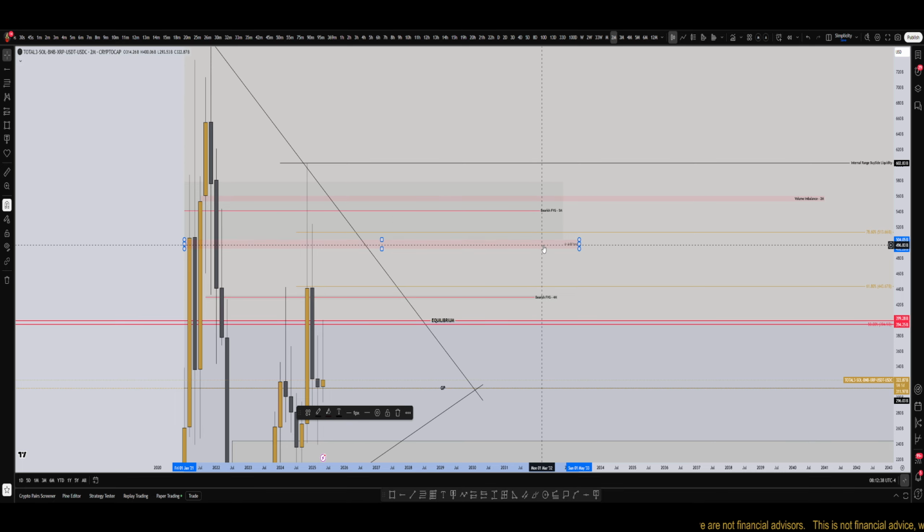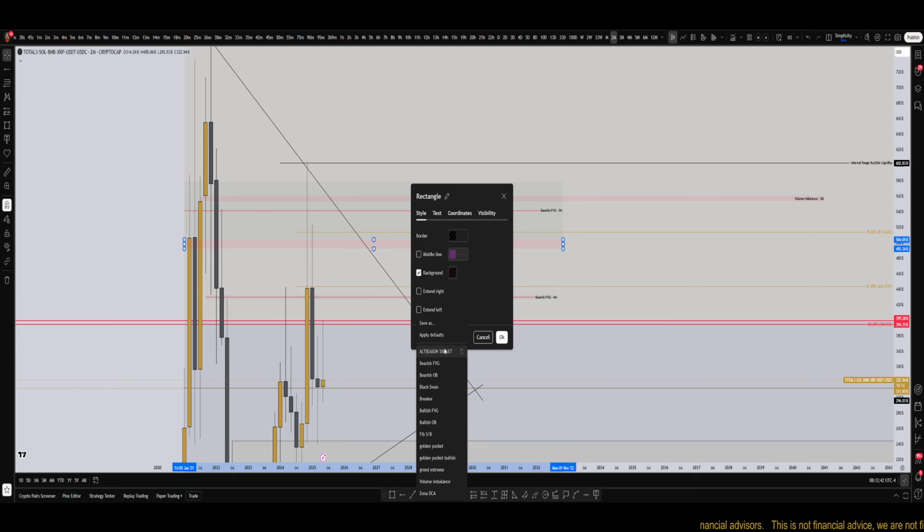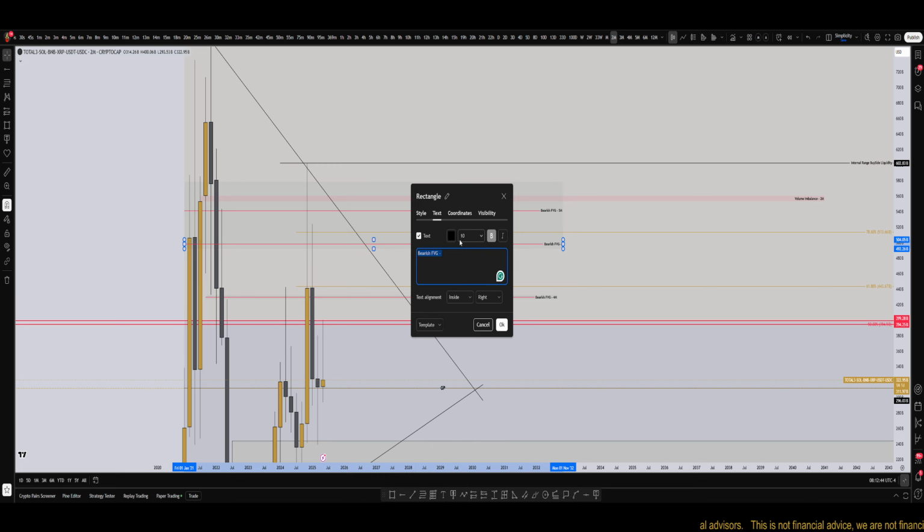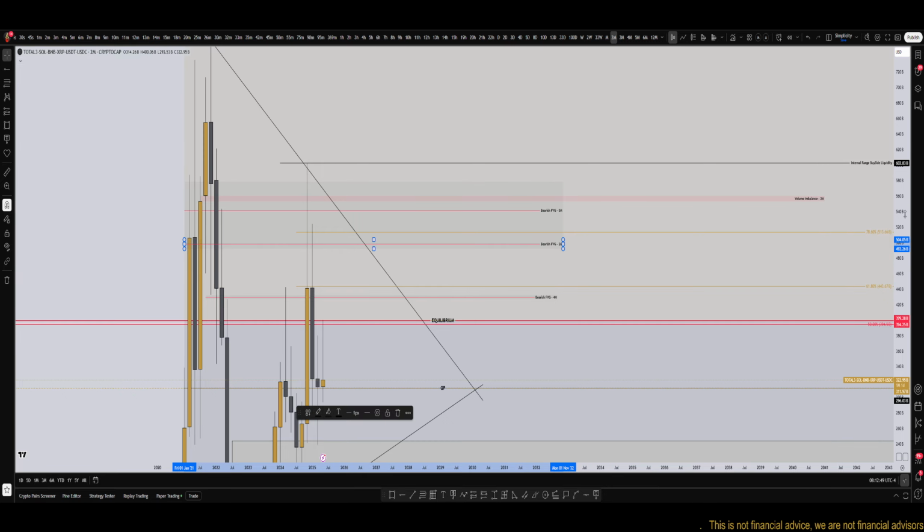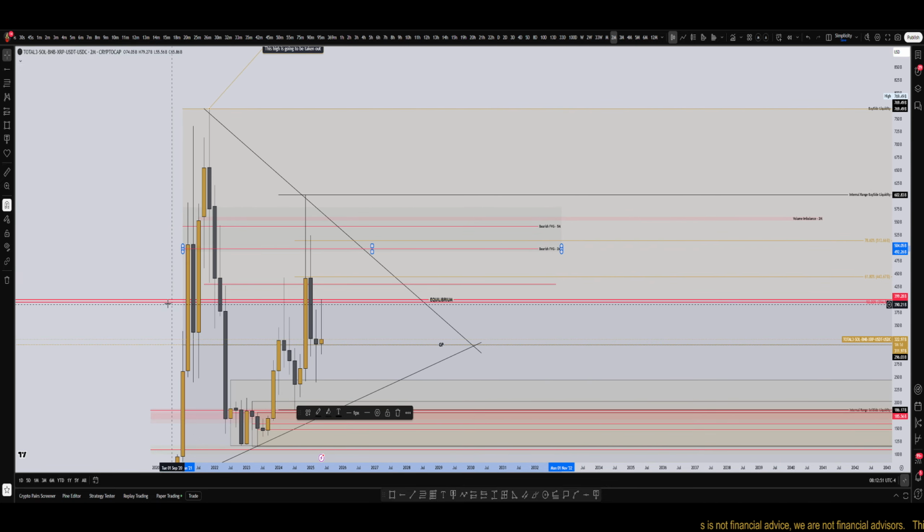It was already retested. The reason why I'm pointing this out is because I want to show you where you're going to be facing some sort of resistance upon the next uptrend. Okay, you're going to be playing out in this region.